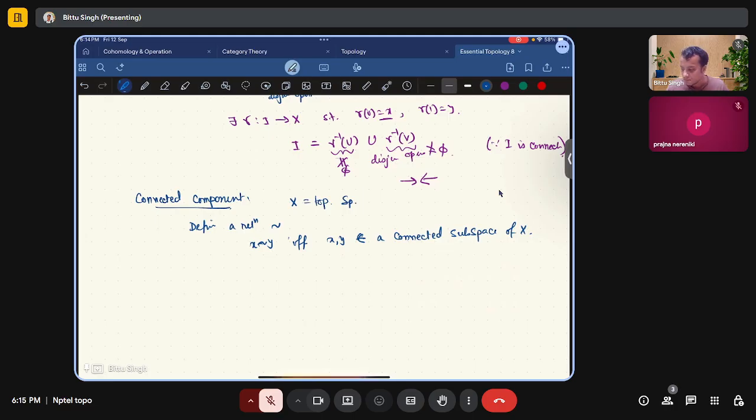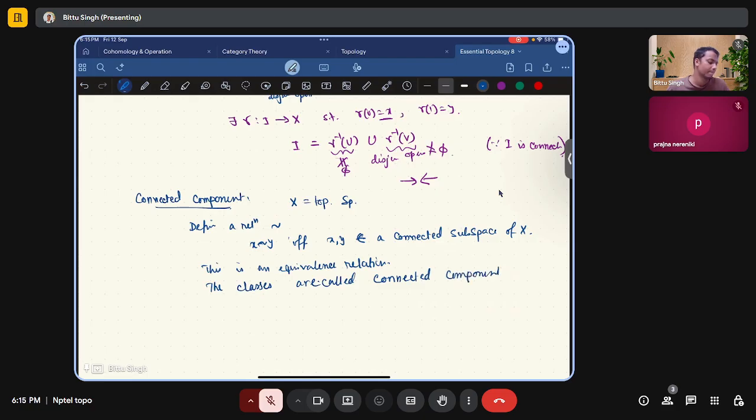So this is an equivalence relation. The classes of this relation are called connected components.